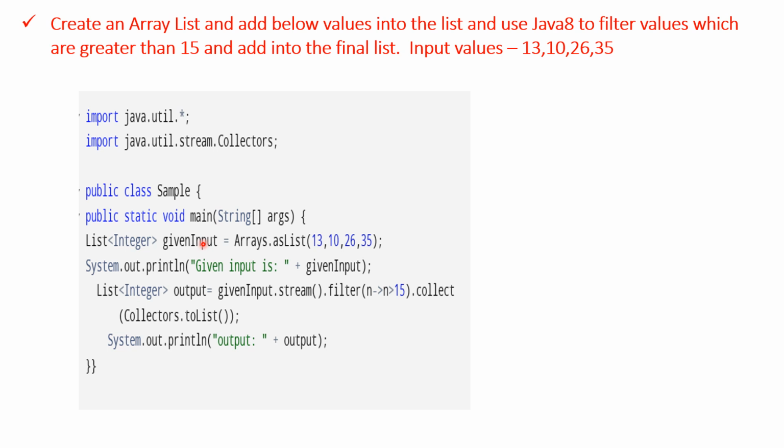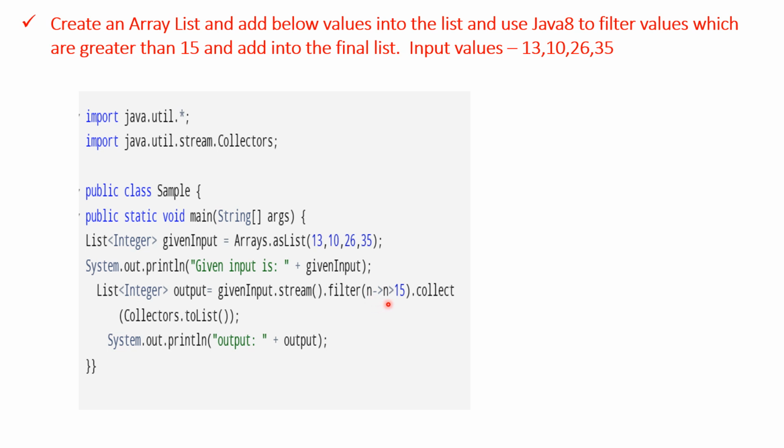On the given input we have to do some operation, so we have to filter the values using Java 8. We can apply stream on the given input, and they have given a hint for us to filter values. We can directly use the filter method, and in the filter method we will have a lambda expression taking one variable, here taken as n.